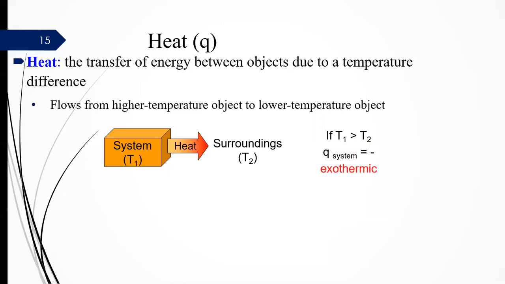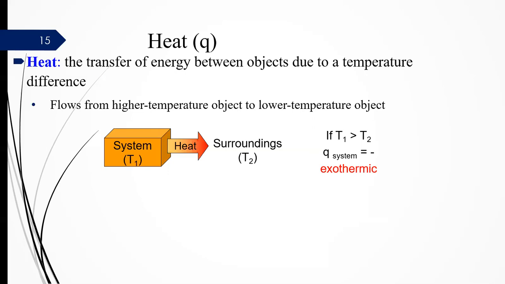And the term we have for that, when a chemical reaction is losing energy as it goes forward, is exothermic. It means that it's releasing energy as it goes through that process. So the system is losing that energy and it's giving it to its surroundings. Sometimes people get a little bit confused about that because they think about it in terms of the surroundings.